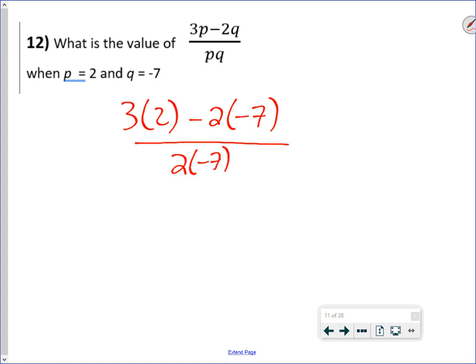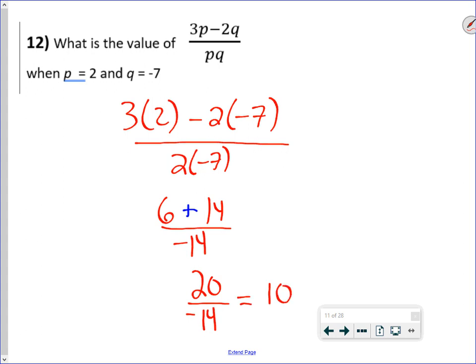Now the tricky part here is that this is going to be 6 plus 14, because it's minus 2 times negative 7, and negative times negative is a positive, over negative 14, which is 20 over negative 14, which can be simplified down to negative 10 over 7.